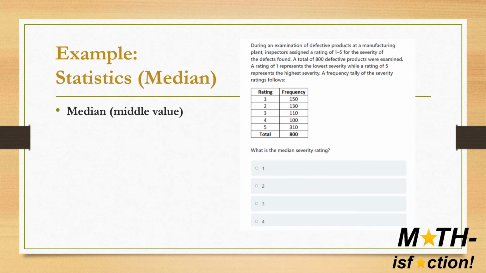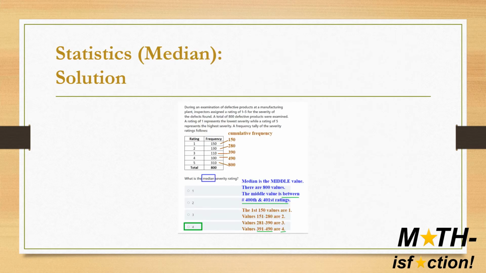Now we have an example for median. Median is the middle number. To find the median, you would want to list out all of the values.